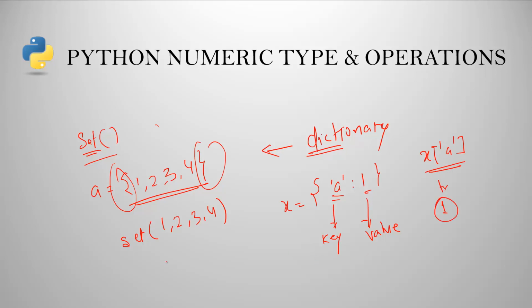But inside the set we can simply create this. So these are the keys, but it doesn't have a value.